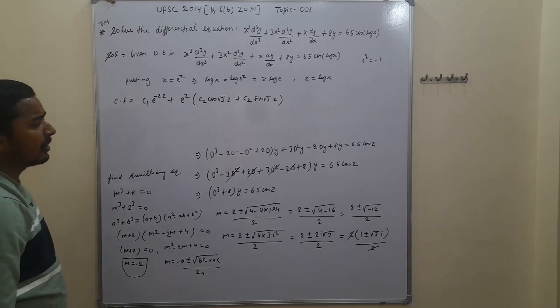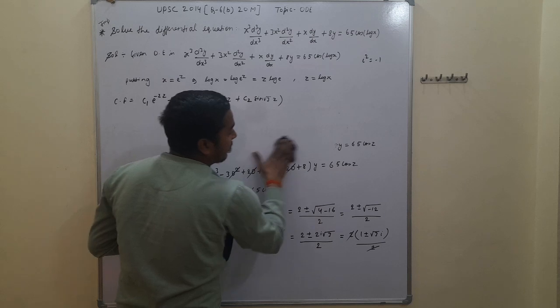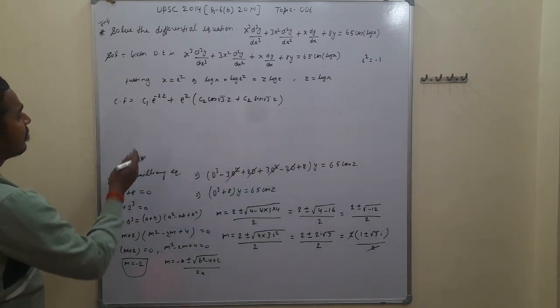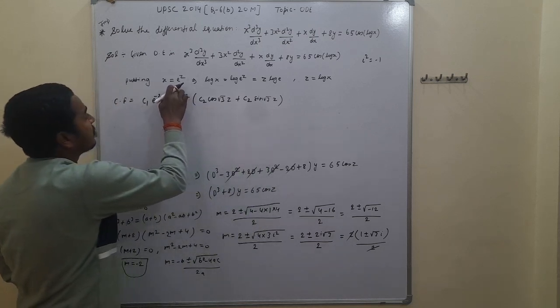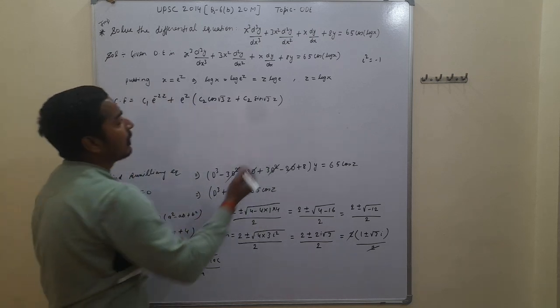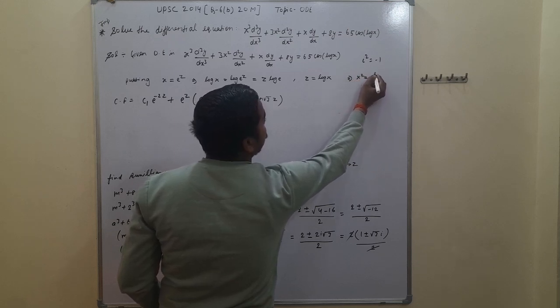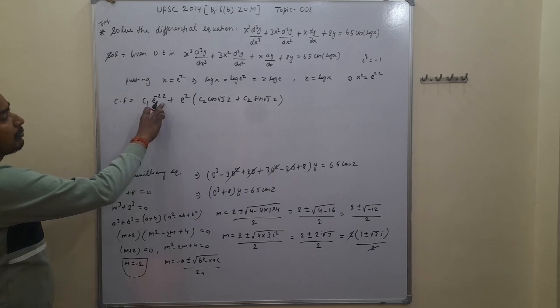Further we have to find a particular integral, and we can also put here the value of z. Here we have to take x is equal to e to the power z. So we have to write here, x square is equal to e to the power 2z, and in place of e to the power 2z we have to write x square.